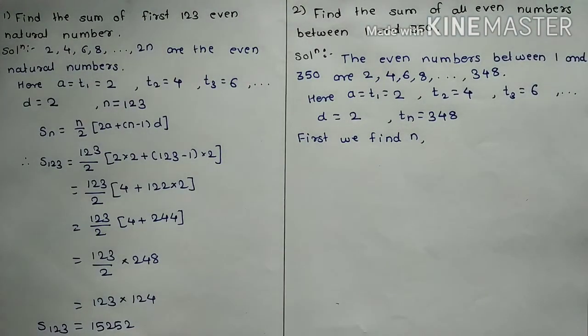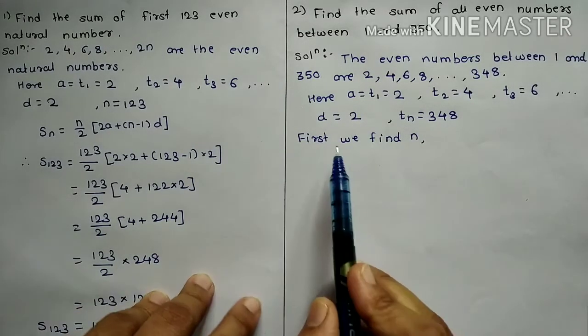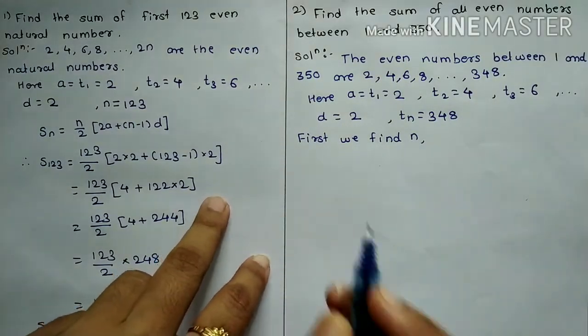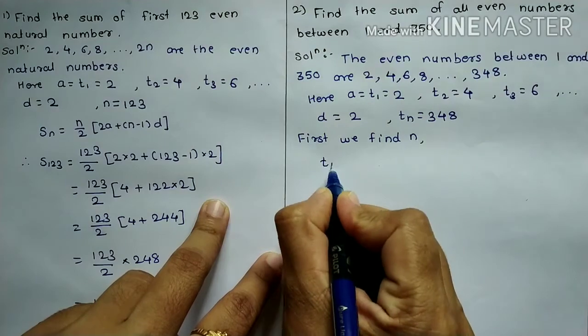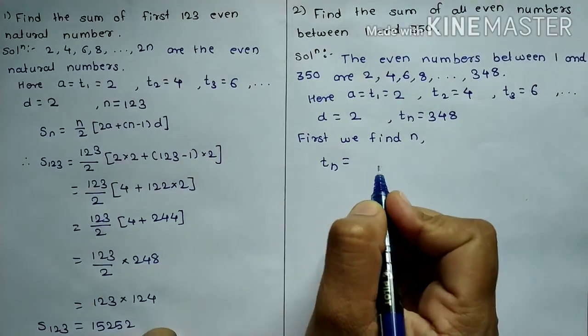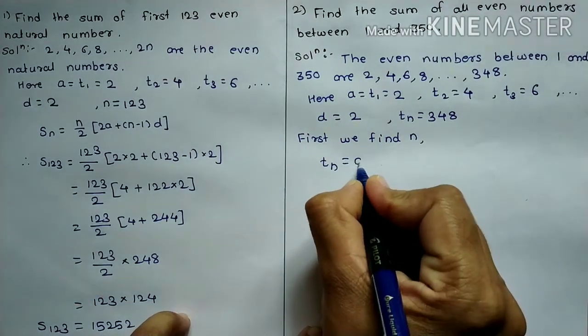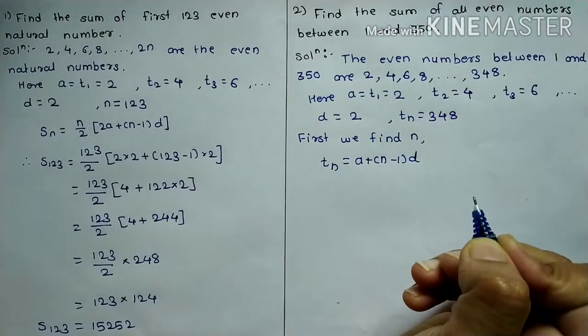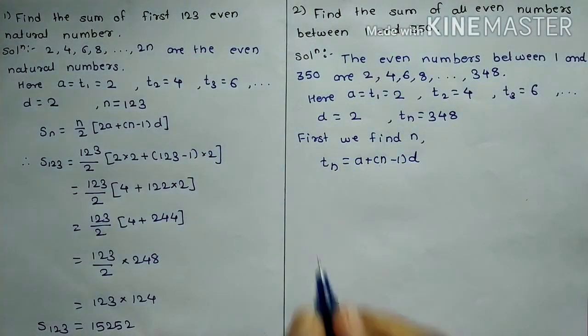For calculating the value of Sn, we have to know the value of n. So first we have to find n by using formula of Tn. And formula of Tn is Tn equal to a plus (n minus 1) into d. Now substitute values here.